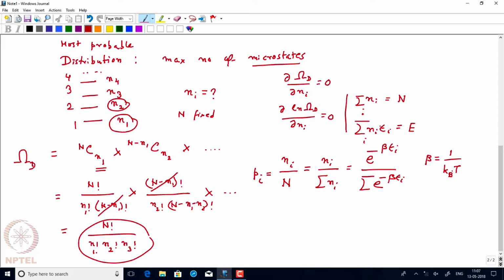Now this derivation is given the way I have told you, after you use these two constraints as well as the Lagrange method of undetermined multipliers. Then you get this distribution function. The important quantity we see here is the sum over e to the power minus beta epsilon i, which we call the partition function, denoted as q, and this will be our starting point of discussion, because this is the key thing we are going to use most heavily.